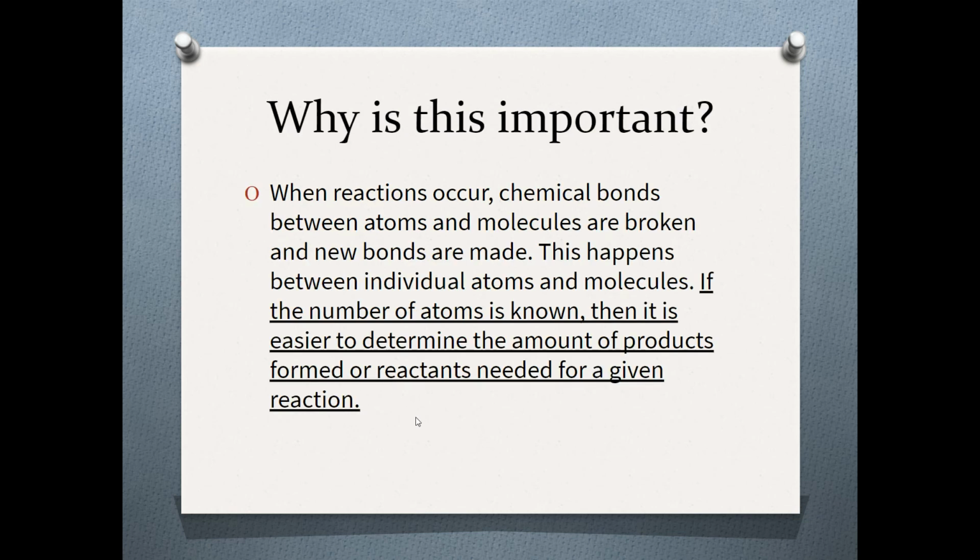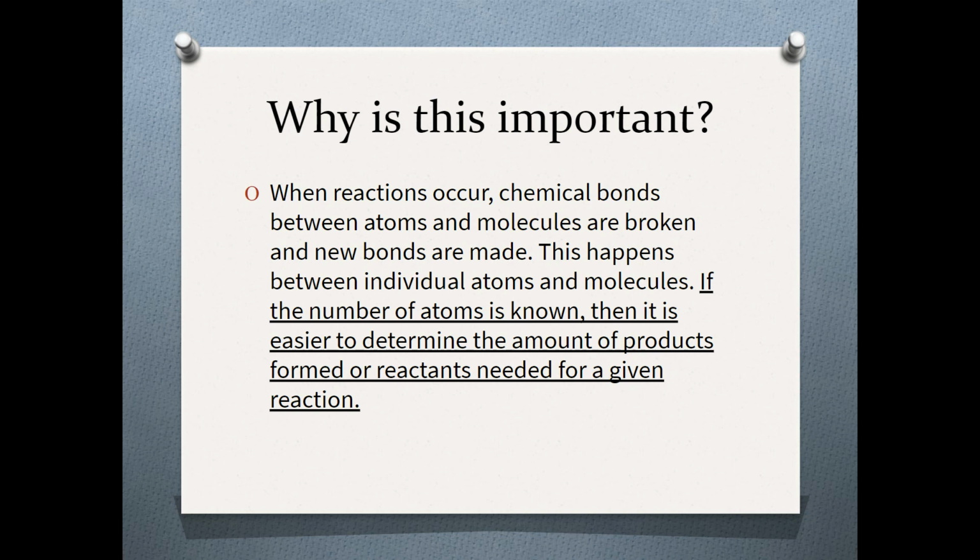Why is this important, you may ask? What we're doing here is we're starting to move away from the micro world that we have been living in, in terms of amounts of things that we cannot see and work with in the lab, and we're going to move into a world where we're dealing with amounts of chemicals in grams, and we need to know what the connection is.